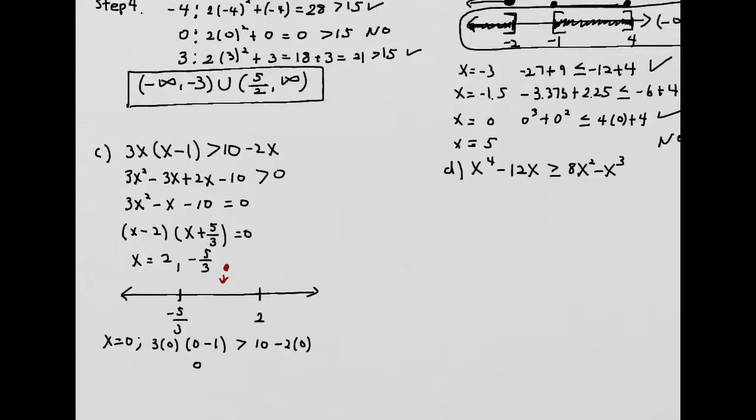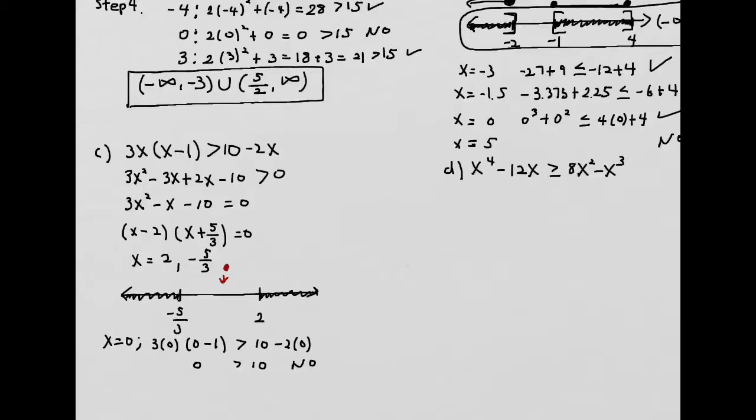So on the left side, 0. And right side will be 10. So is 0 greater than 10? No. So because the 0 testing the middle area didn't work, it means the outer 2 should work.